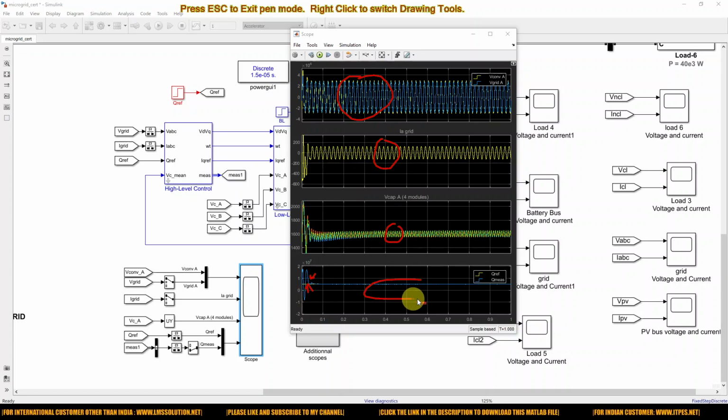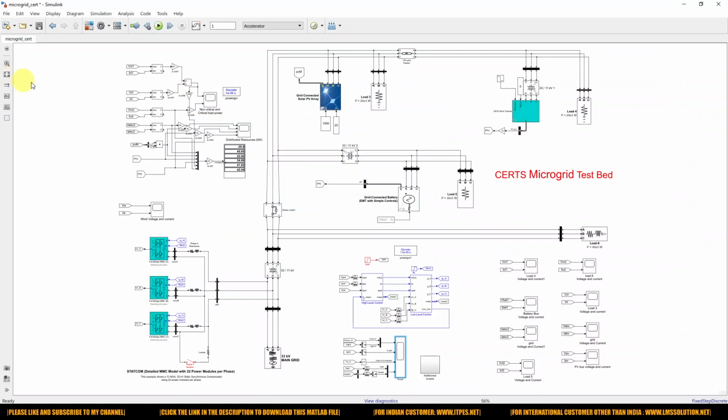So the STATCOM supplies the reactive power while tracking the reactive power command. These results are taken from the CERTS microgrid test bed. So this is the operation of this simulation model.